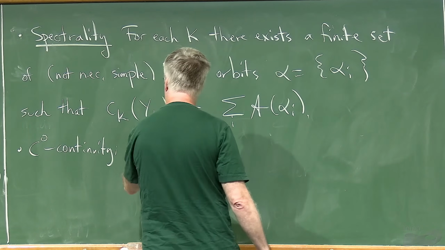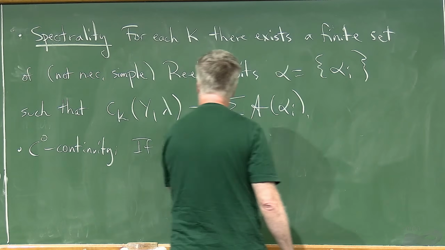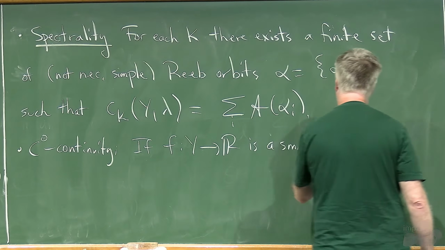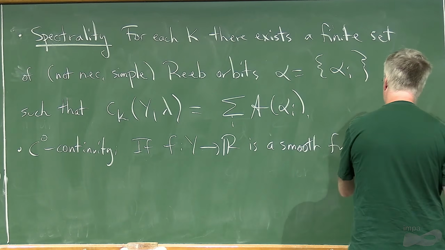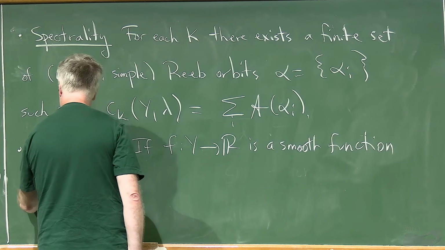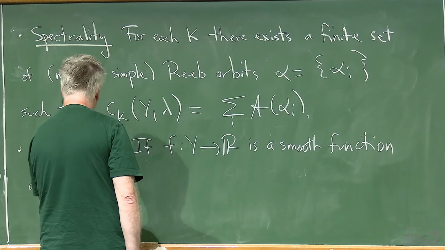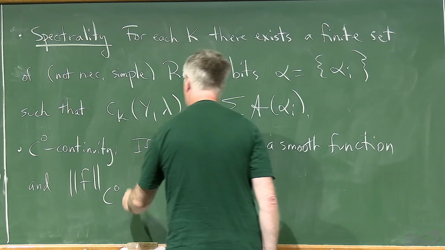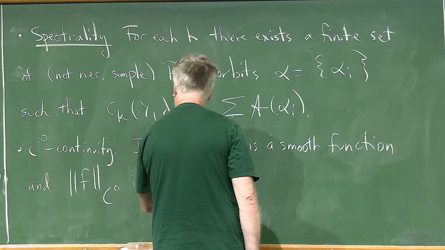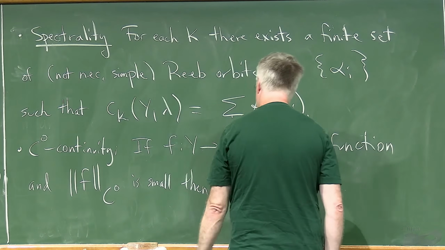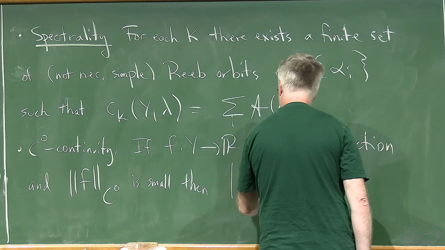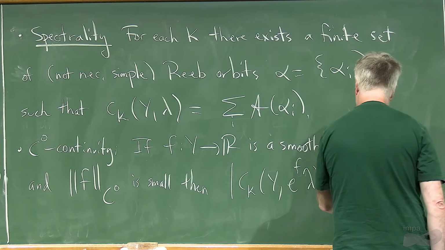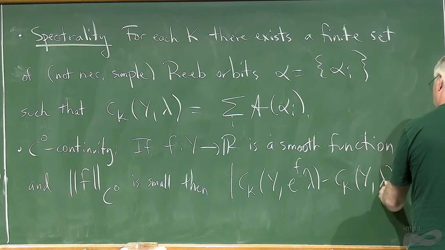So if f is a smooth function, and if f is small in the C0 norm, then c_k of Y, e^f lambda minus c_k of Y, lambda is small.